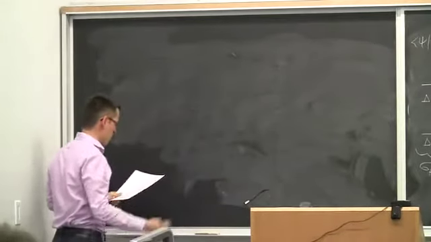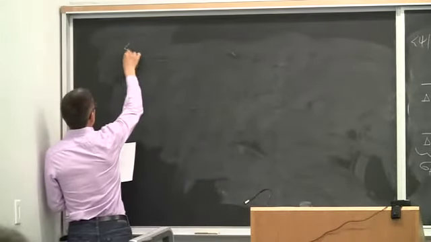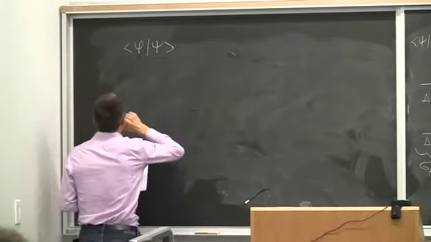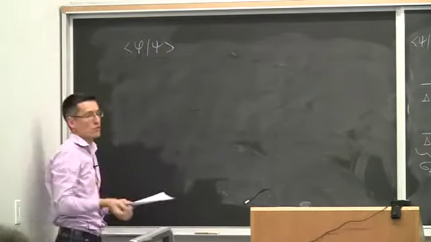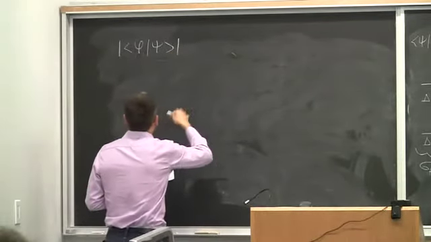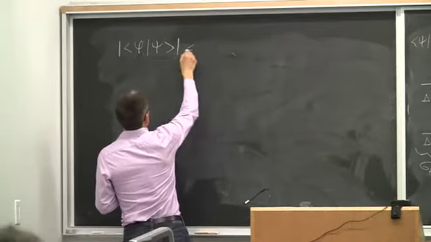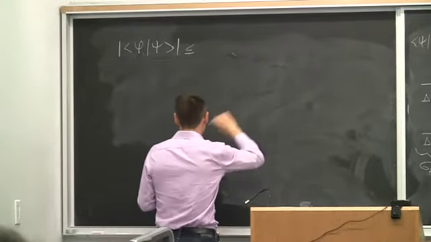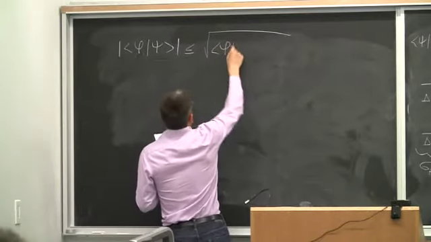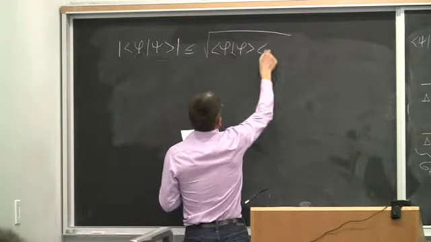If you have function phi and function psi, two different functions or two different vectors, then the Schwarz inequality tells you that the absolute value of this will always be smaller or equal to the square root of phi squared and psi squared.